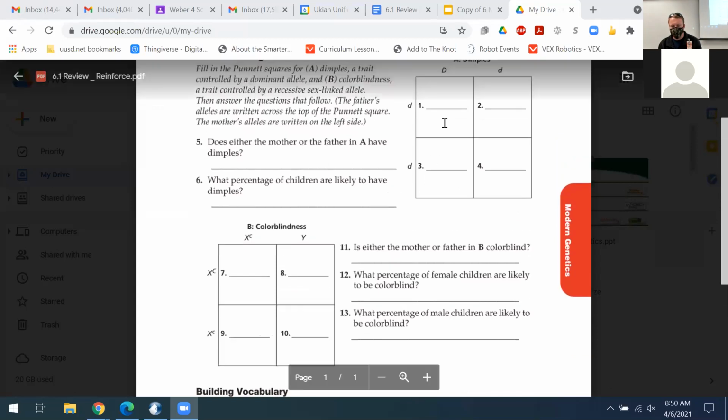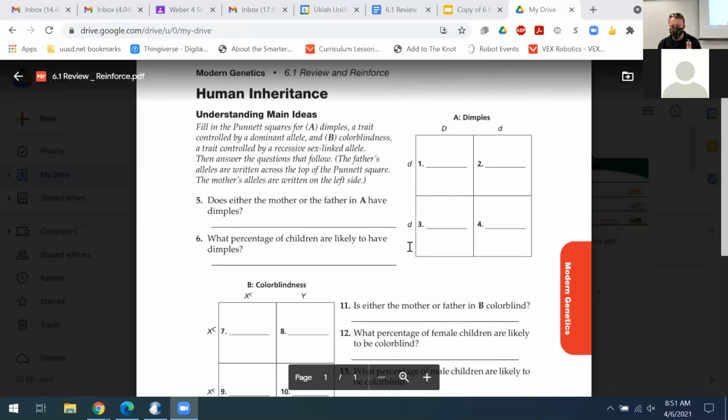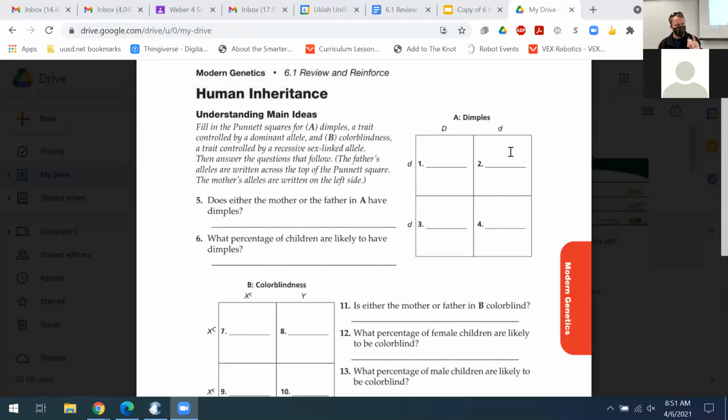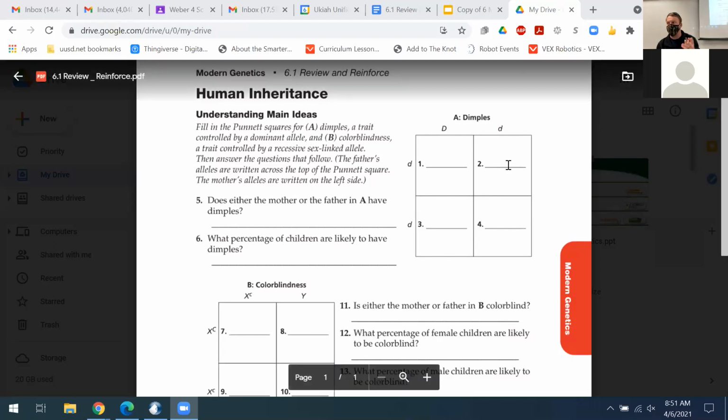You need to fill out the Punnett squares for 1 through 4. For 5 and 6, it asks you what the percentages are. Remember, each square represents a quarter. So 2 squares is 50%. 3 squares would be 75%, and if it was all 4 squares, it would be 100%, okay?